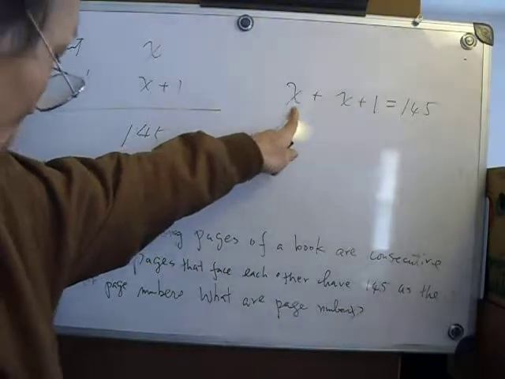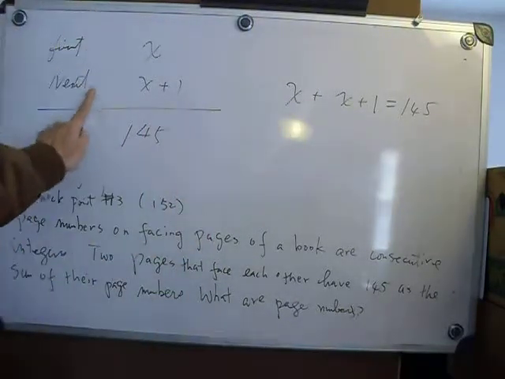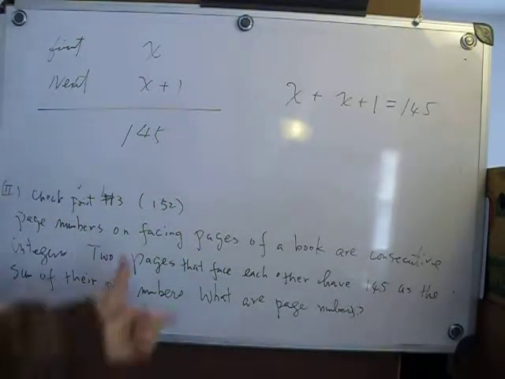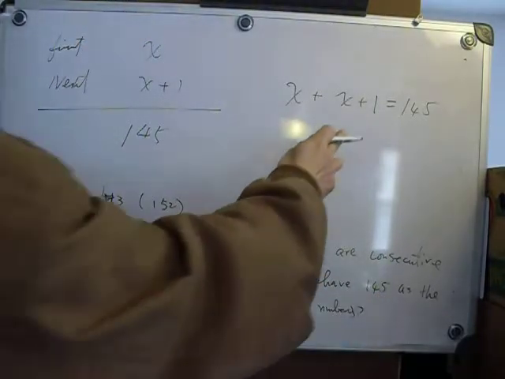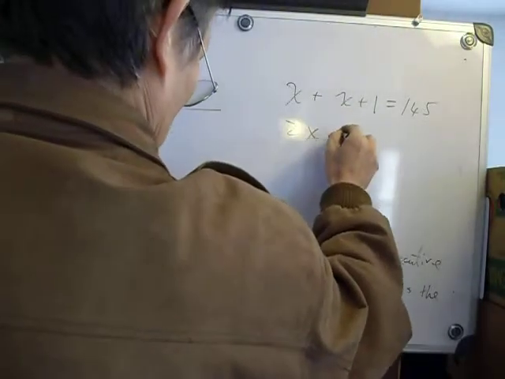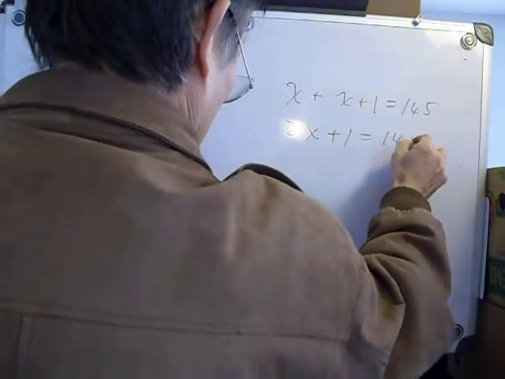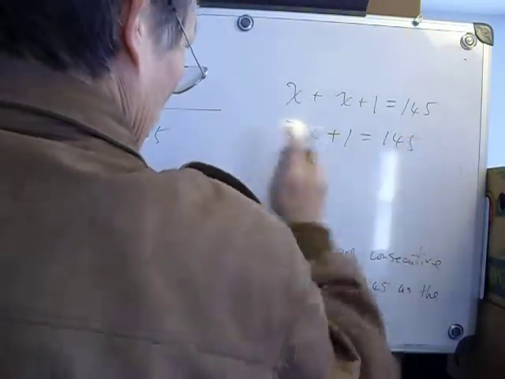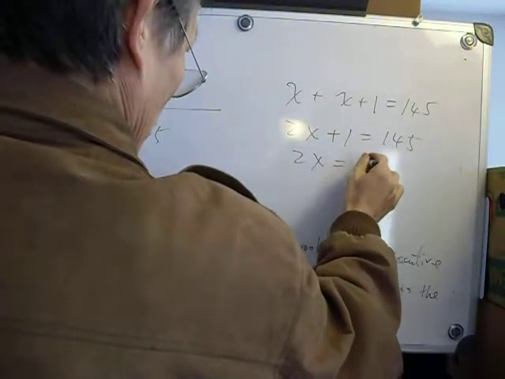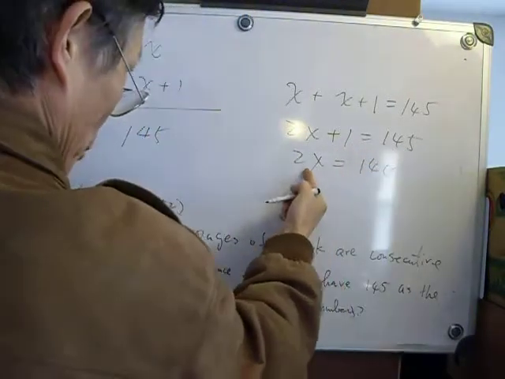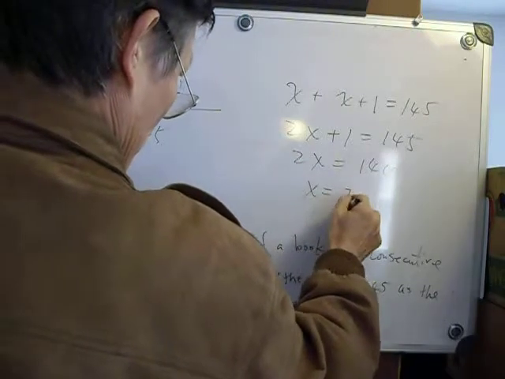Once you solve your x, that's the first page. For the next one, just add 1. And you can double check at the end if that sum is 145. So this is a pretty straightforward, simple problem. 2x plus 1 equals 145. You subtract 1 here, undo those, 144. And then you divide by 2. 72.